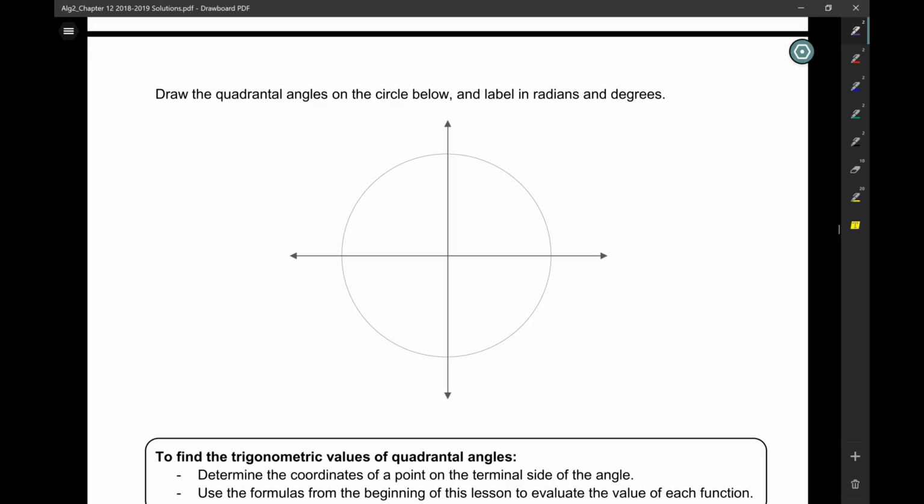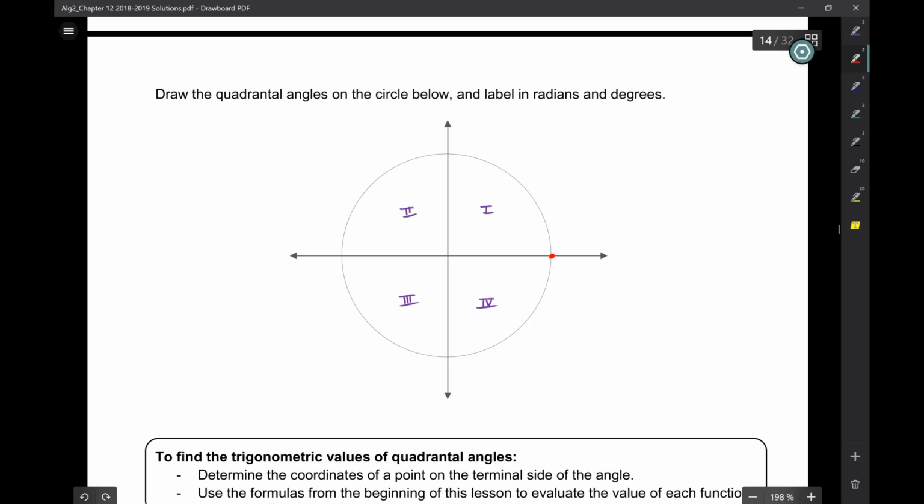Now, we said that this is quadrant 1, 2, 3, 4, right? Now, the quadrants are divided by the axes, right? Like the x-axis divides here, the y-axis divides there.